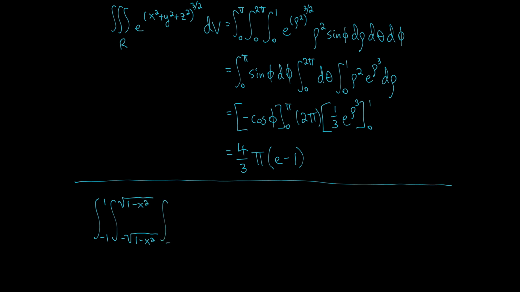And then your inner integral will be the worst one, from minus the square root of 1 − x² − y², because that's the bottom half of z, and then you get the top half of z, which is not very pleasant. You still have this really unpleasant thing inside, e^((x² + y² + z²)^(3/2)), and then you go dz, dy, dx. Way easier to just use spherical coordinates when you have a sphere.